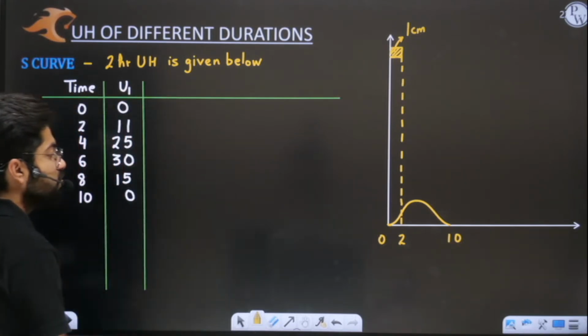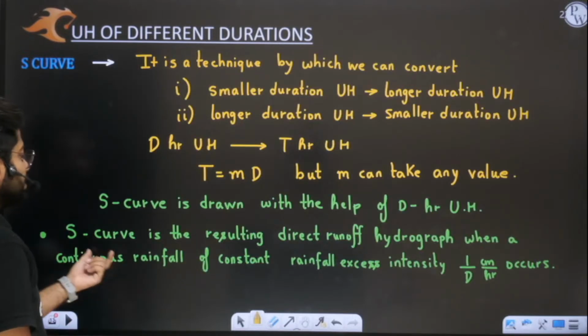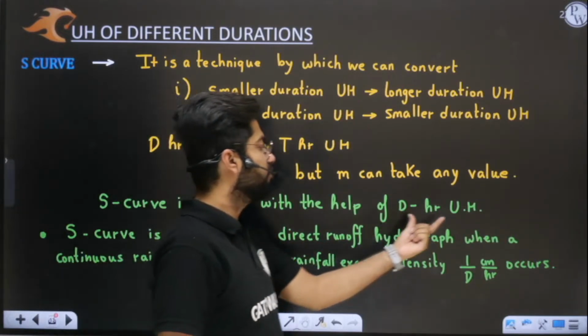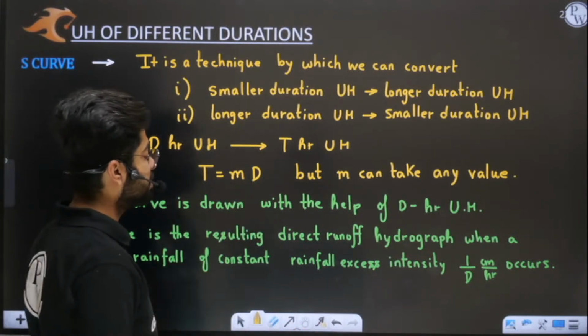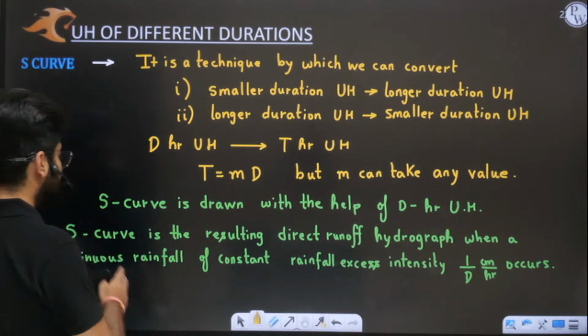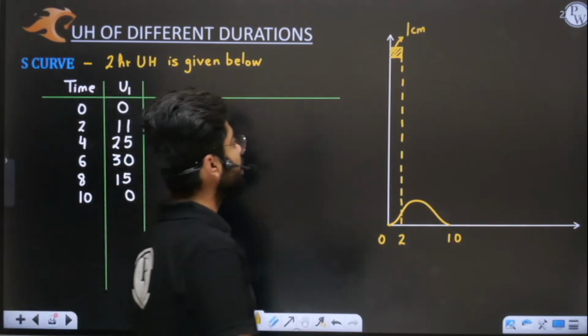So this is the 2 hour unit hydrograph which is given to me. Now, S curve is the resulting direct runoff hydrograph when a continuous rainfall of constant rainfall excess intensity occurs. So we have to make this rainfall continuous. I have to make this rainfall happen again.